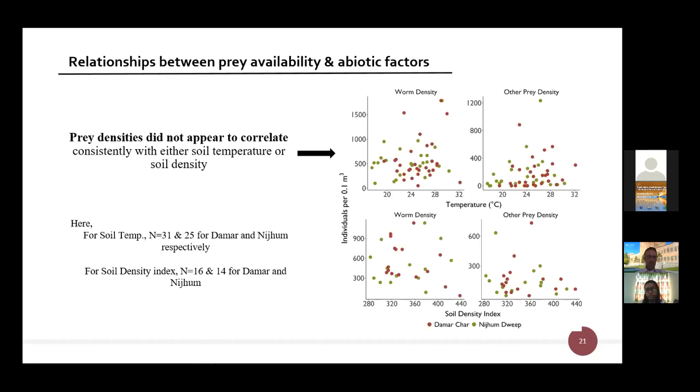Here only the soil temperature showed some seasonal variation compared to the other parameters of this study. So we kept the analysis of soil temperature in the seasonal aspect, and for all other parameters we analyzed everything at segment level. So what is the summary of findings from this study?